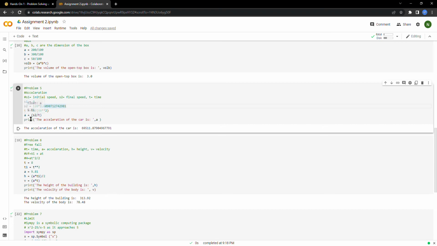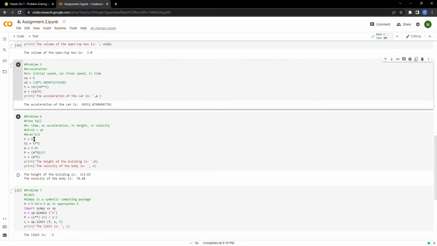After that, we're solving for acceleration, which is the top speed divided by time. Using the print function again, the acceleration of the car is 69,511.8790, again using 4 decimal places.